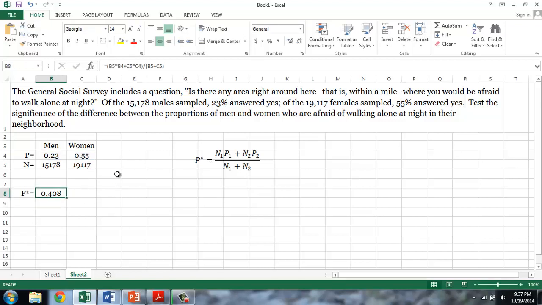This tells us that the overall sample proportion of individuals that are afraid to walk alone at night is 0.408.